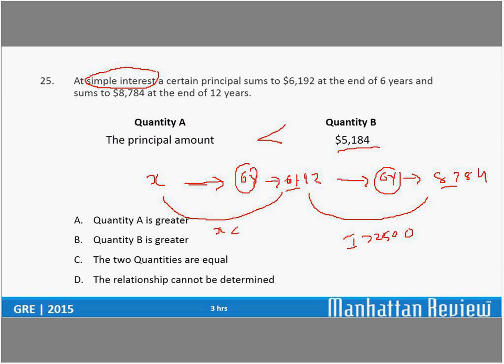Because here the interest should be greater than 2,500 and this principal X should be less than 5,000, obviously quantity B is greater than quantity A. That would be more appropriate to understand.